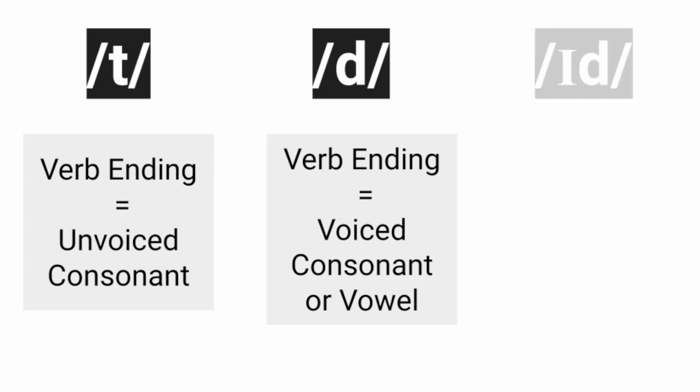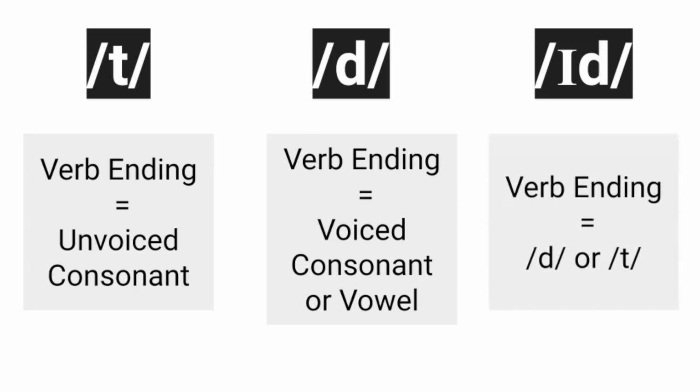And it makes the id sound when the verb ends in a t or d sound. If you want more help on the pronunciation of the past simple, watch my phonics video.